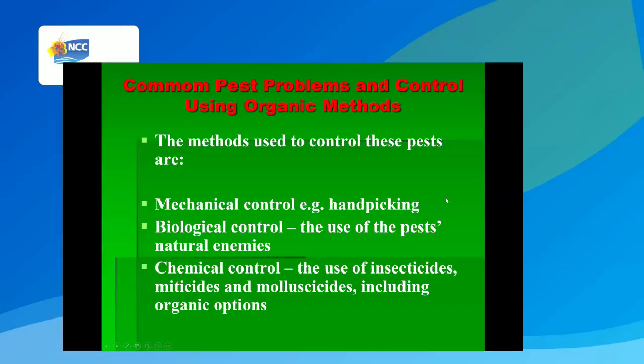Then there's biological control, which utilizes the pest's own natural enemies, whether they be predators or parasites. And the third method of control is chemical control, which basically is using insecticides, miticides, and molluscicides. And these include all organic alternatives, which we are going to talk about tonight.